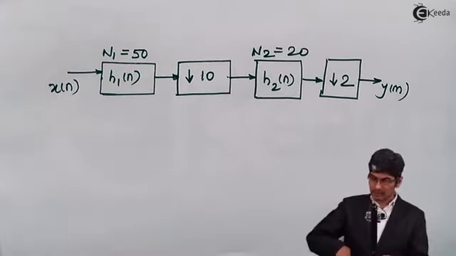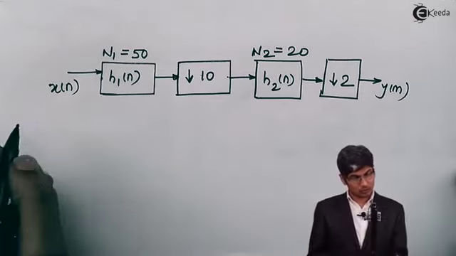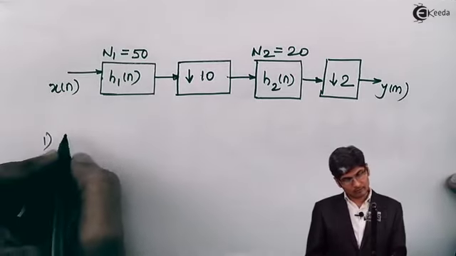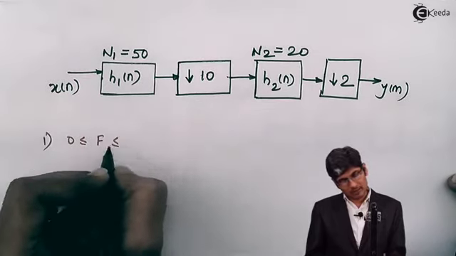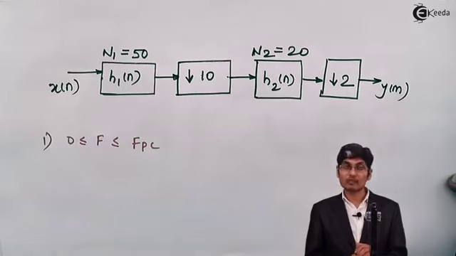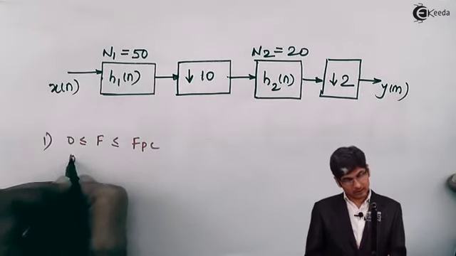So if I again summarize stage 2, what we did was first I calculated the pass band, then we calculated the stop band.